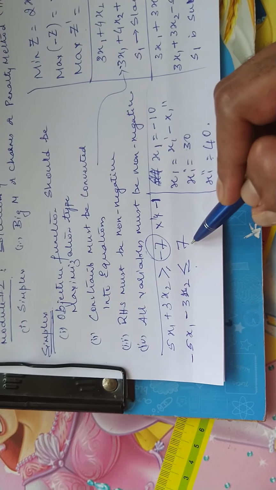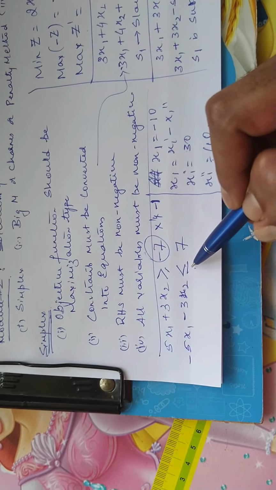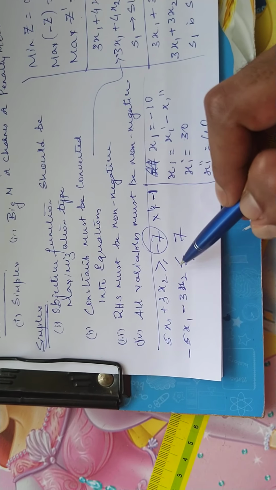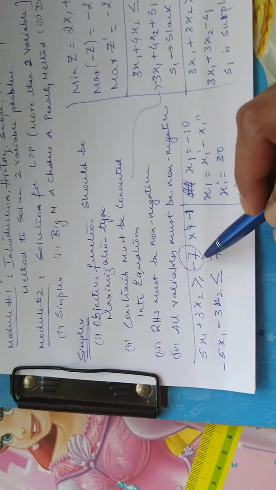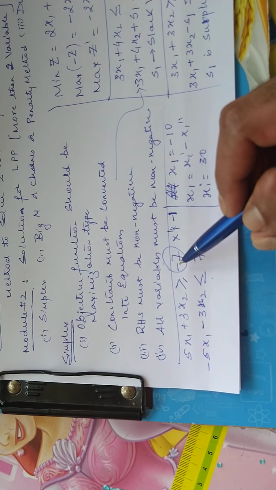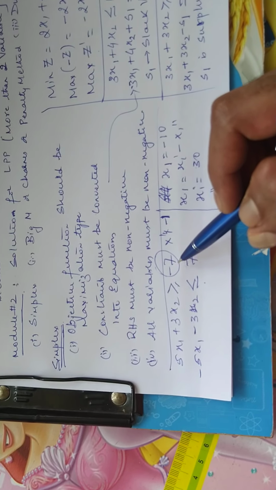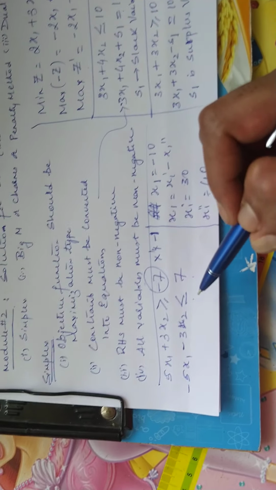Here the negative value has been converted to a positive value, and note that the inequality has changed from the greater than or equal to sign to the less than or equal to sign. So this is how, when there is a value with a negative sign in the RHS, we are supposed to convert it into a positive value by using this particular procedure.